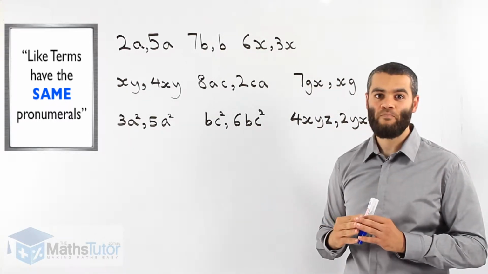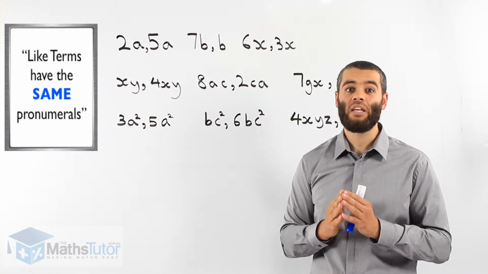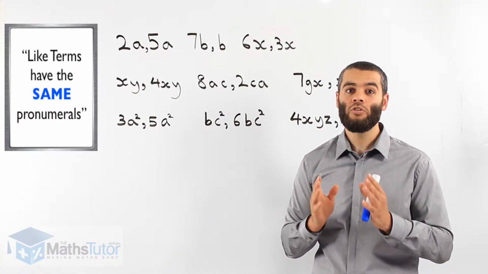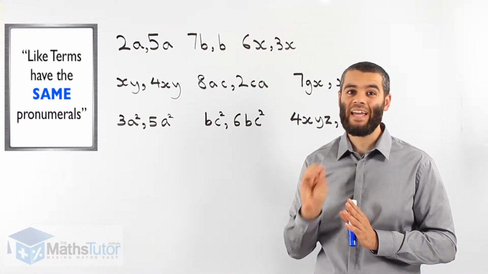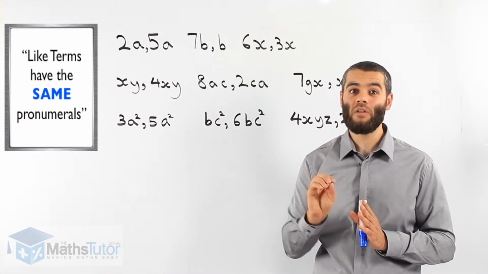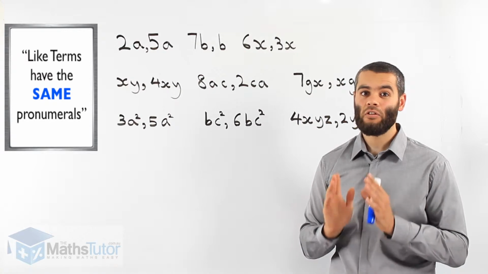These are all terms. To add or subtract, we have to make sure we have like terms, meaning terms that have the same pronumerals. If you want to learn anything in algebra, it's this: you have to only add or subtract like terms.